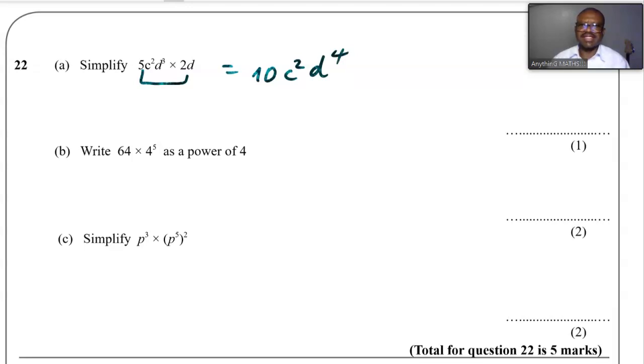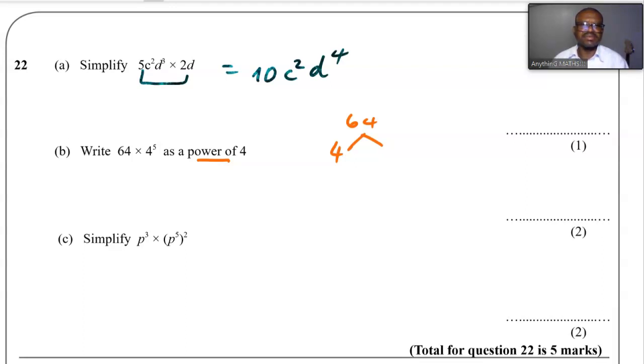We've got another classic question. Write down this as a power of 4. Now 64 is not written as a power of 4. So just like we did, they've given us a hint. So you do your tree. 4 goes into 64 how many times?